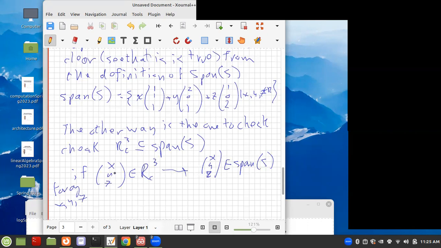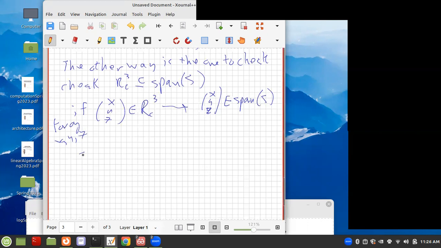So what you do is suppose the premise is true here, and since it's for any x, y, z, you say, okay, let's pick an arbitrary one. So you suppose that (x, y, z) is a member of R3C. You could put a little a on here to indicate that you're choosing an arbitrary one, so it's a bit clearer that you choose one.